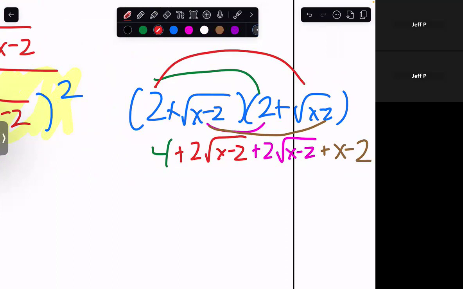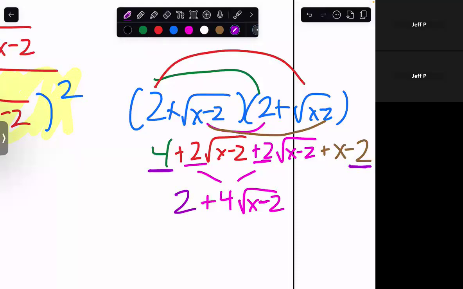Okay, so there's a couple things that can be combined. These two radicals, right, they both have the same index and radicand. So you are able to combine together the coefficients. 2 plus another 2 is now 4. But then, yes, we can also combine the regular 4 and the minus 2 at the end, right? 4 minus 2 is positive 2.